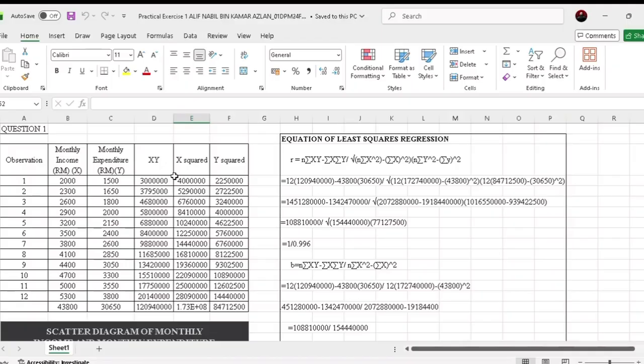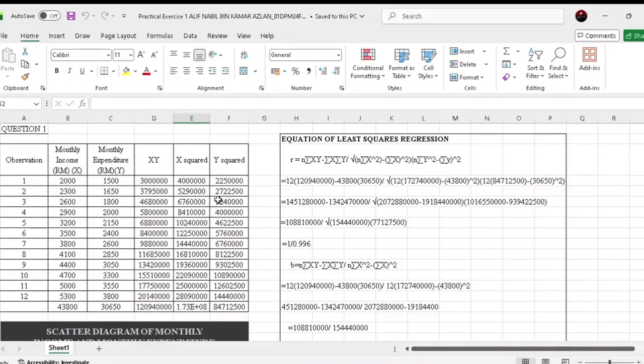And then we need to add another 3 columns: xy, x square and y square. After all that, we need to sum monthly income, monthly expenditure, xy, x square and y square.